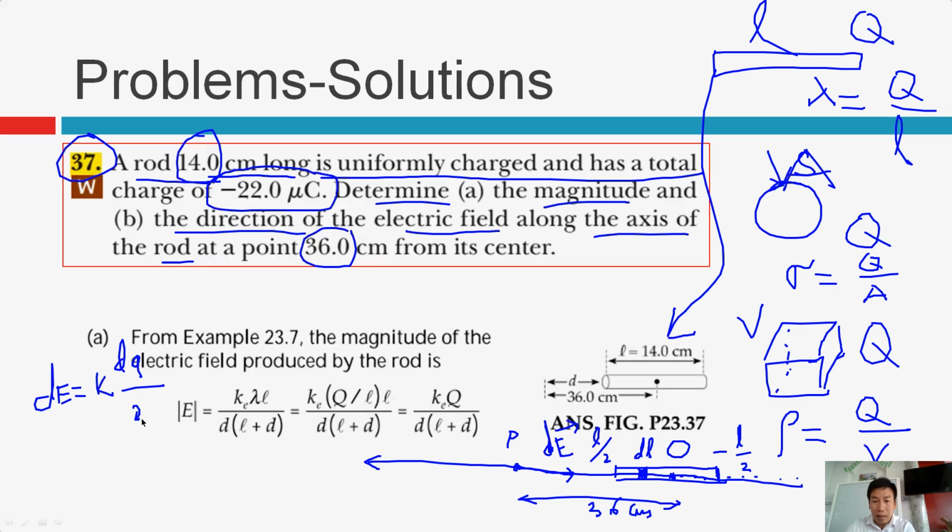I call this 35 minus, we can call it from here to here. We have this one replaced H, right?